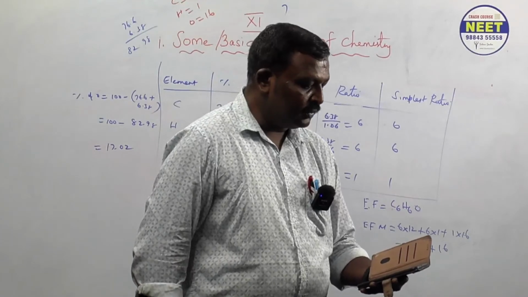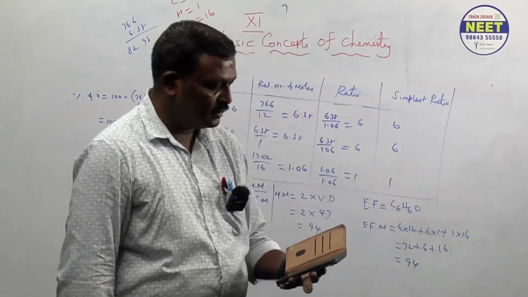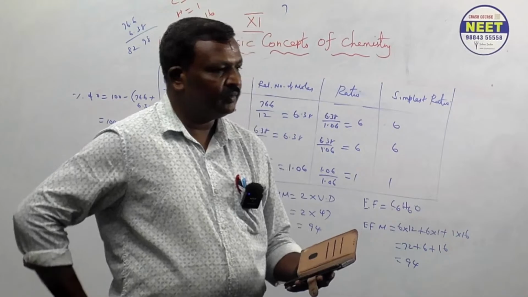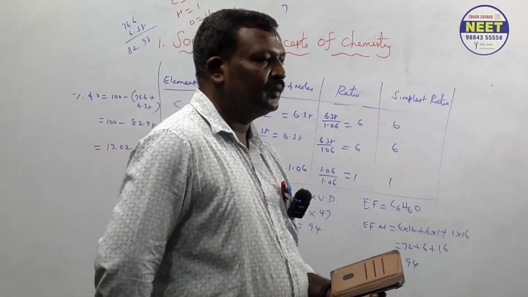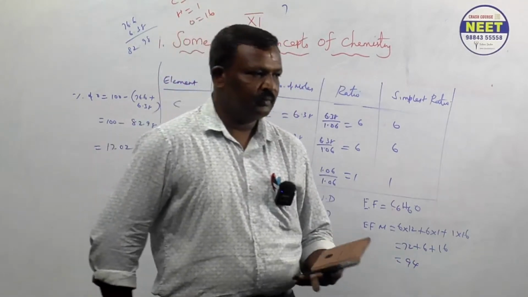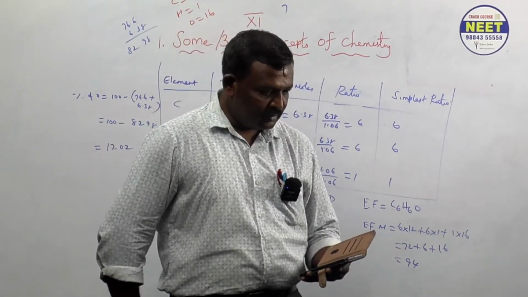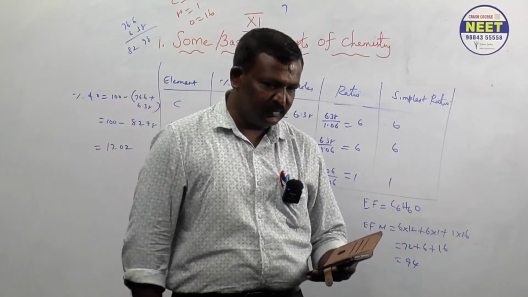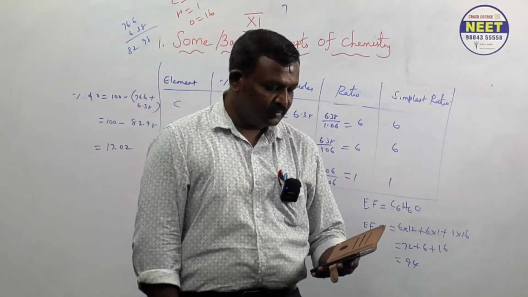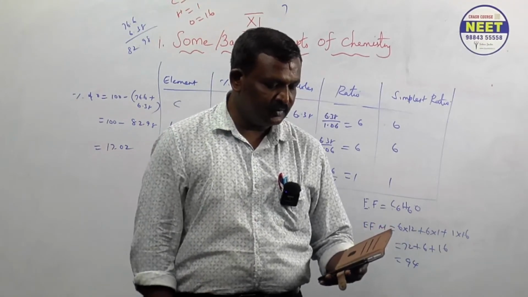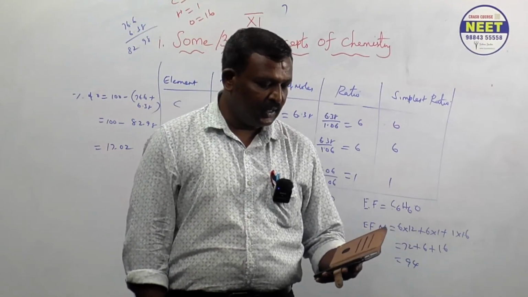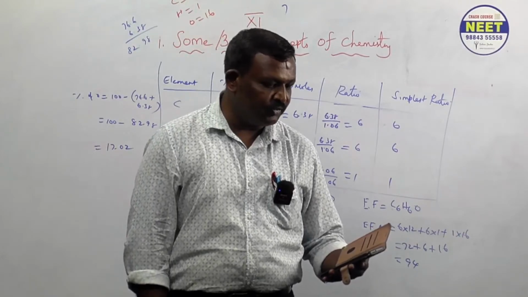An organic compound contains carbon 32%, hydrogen 4%, and oxygen 64%.